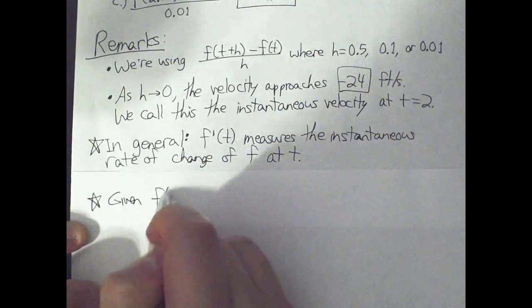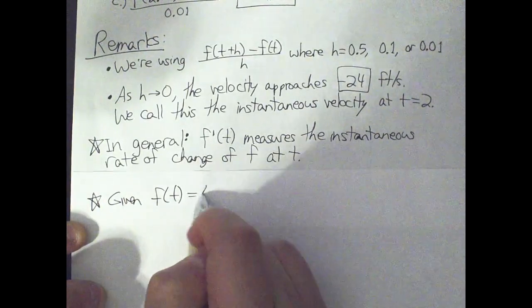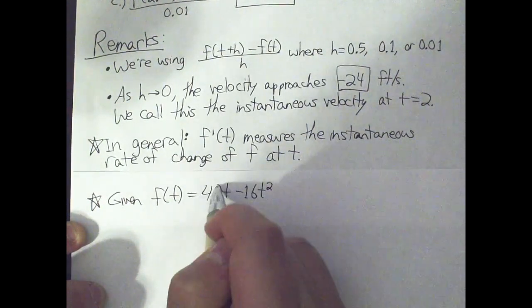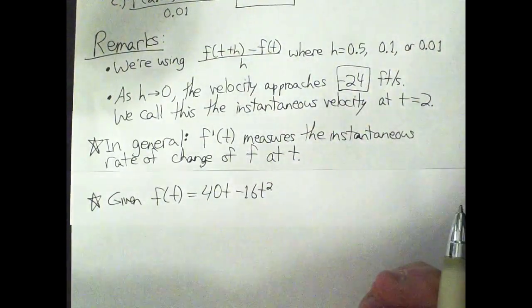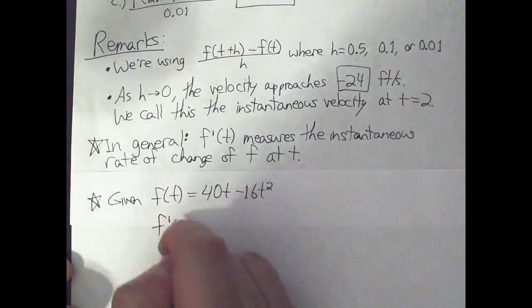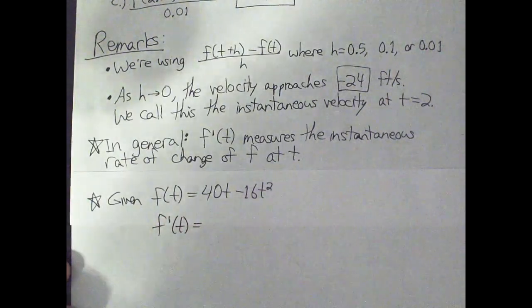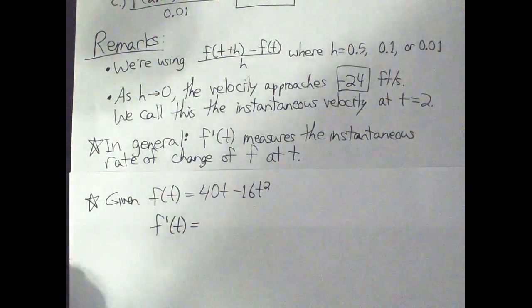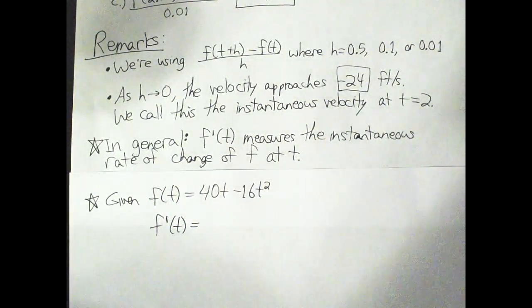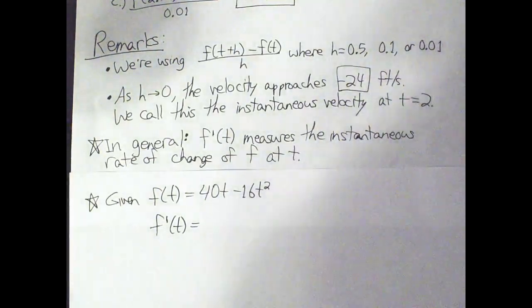The formula that we were given in that word problem above was this: 40t minus 16t squared, okay? What if I find the derivative of it? We could find the derivative of this very fast. Now, the only thing that's different compared to the previous lesson is that we don't have any x's. That's okay. Instead of a variable called x, we have a variable called t.